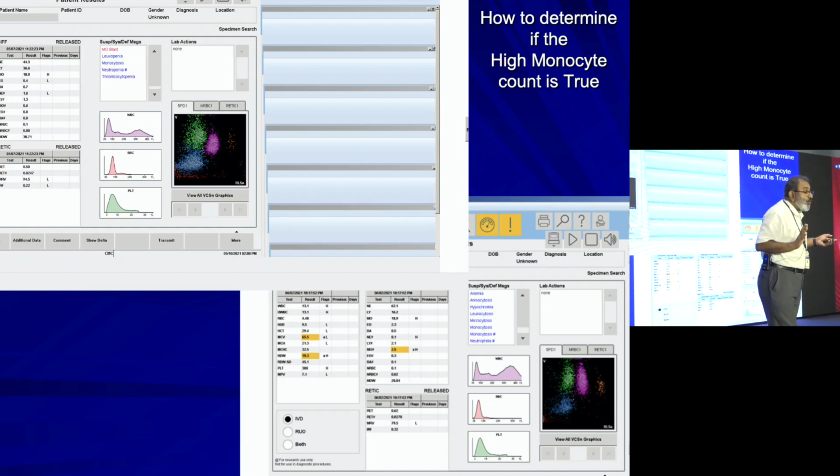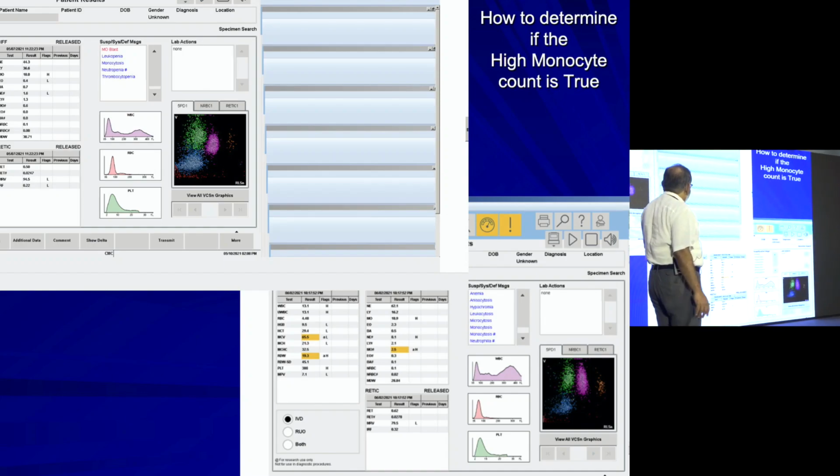So there are certain advantages on certain cell counters: whether your monocytosis is true or not, look at the histogram. It will give you the answer whether the monocytosis is true or pseudomonocytosis.